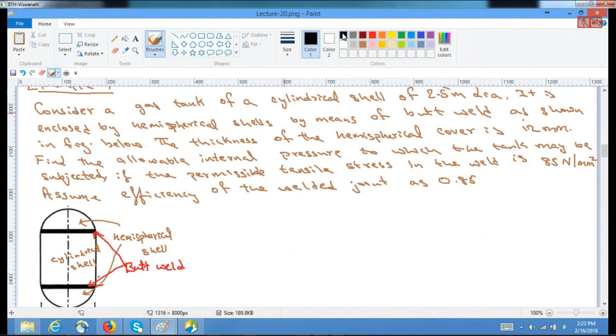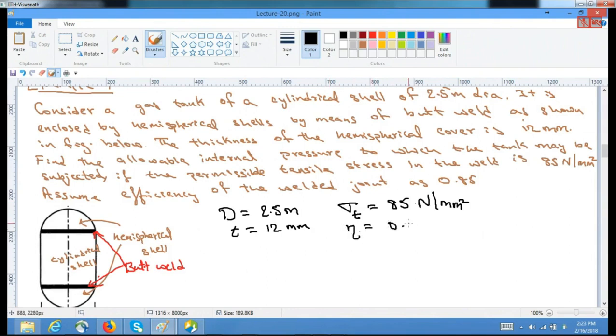What we know here is the capital D is 2.5 meters. The thickness of these plates is 12 mm. The sigma T for the butt weld is 85 Newton per mm square, and the efficiency is 0.85.